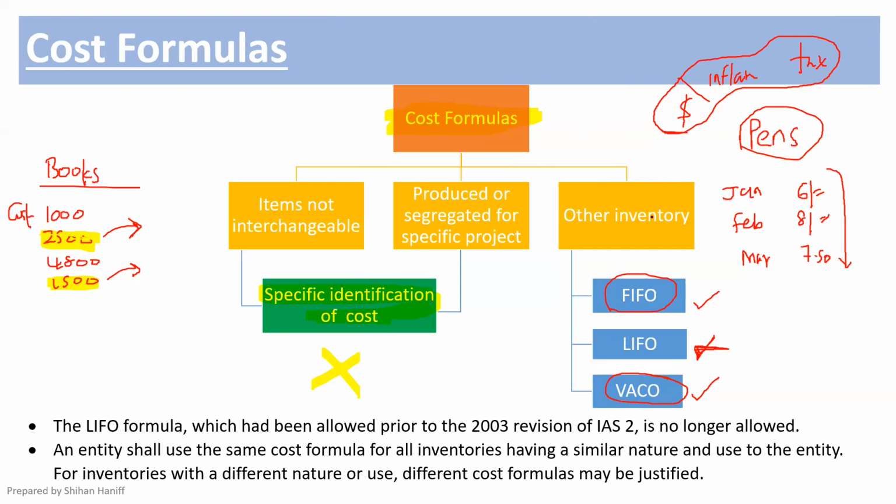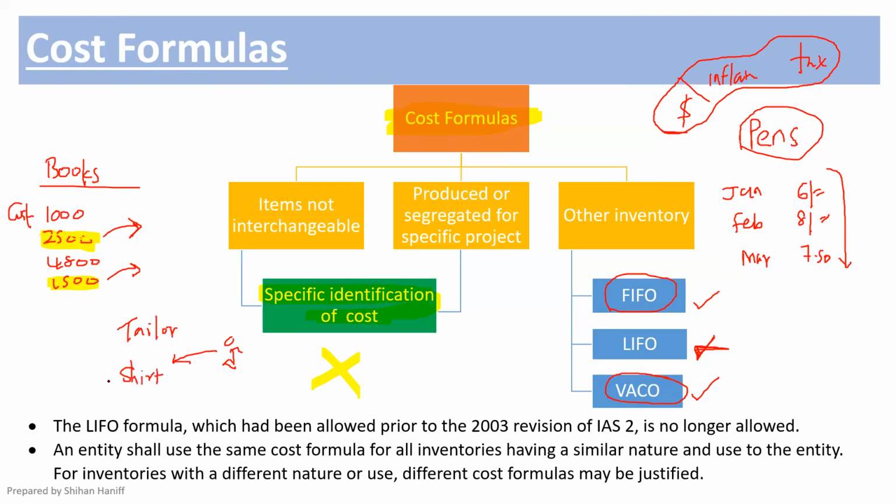Let me explain again the specific identification. Specific identification is when you know the specific cost. Normally that happens for large products. We'll take an example, a tailor. One customer comes to give an order. He needs a shirt.